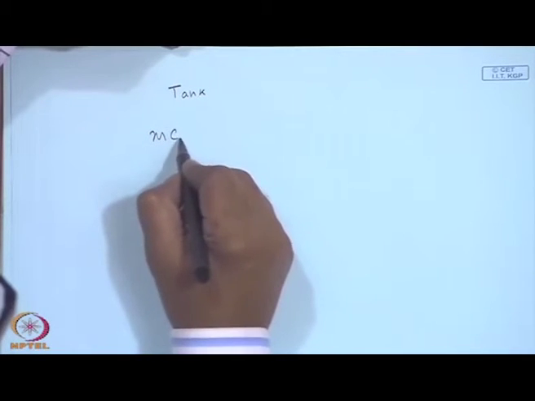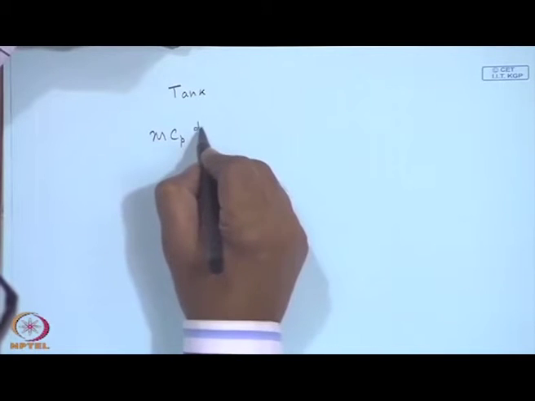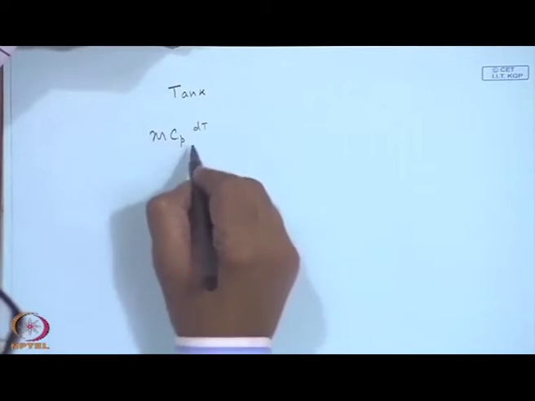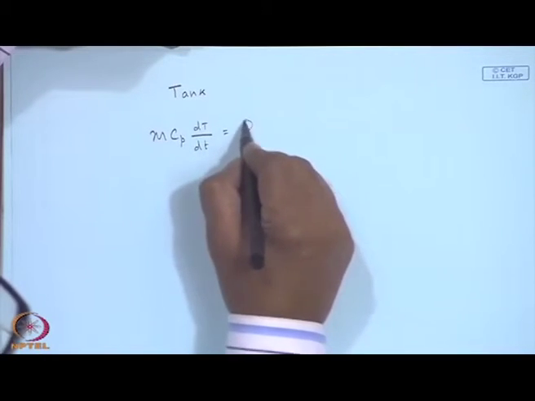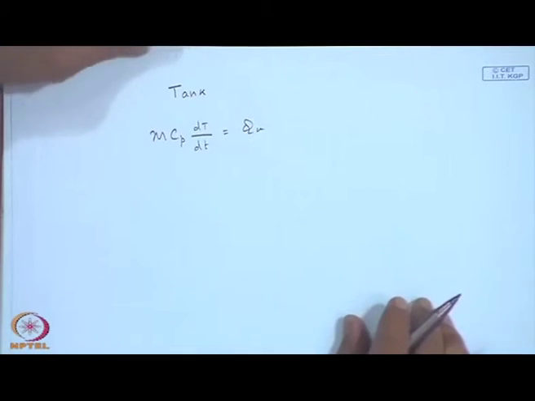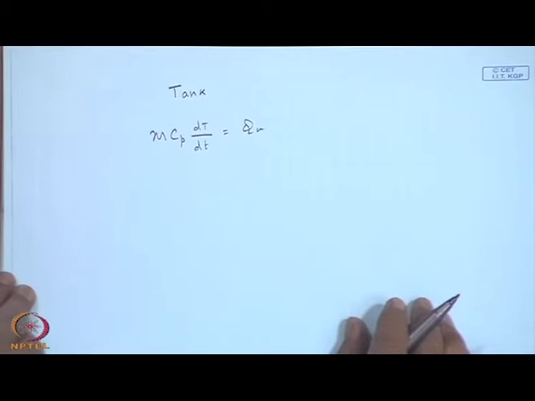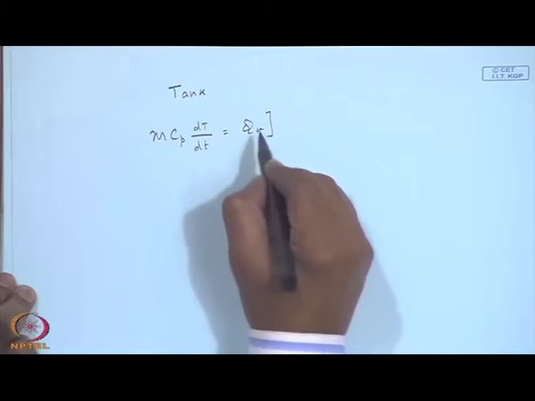If m is the mass of the water in the storage tank, not the mass flow rate, it is mass, this should be equal to Q_U. So, the rate of increase of energy inside the tank should be equal to whatever is given by the collector.